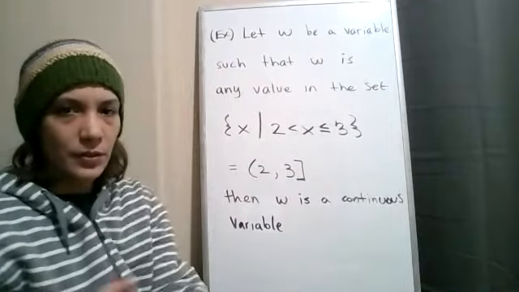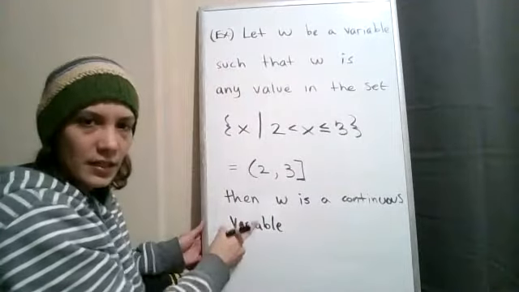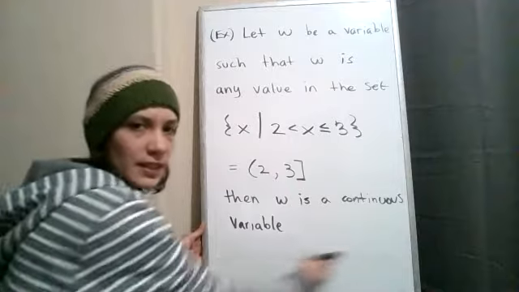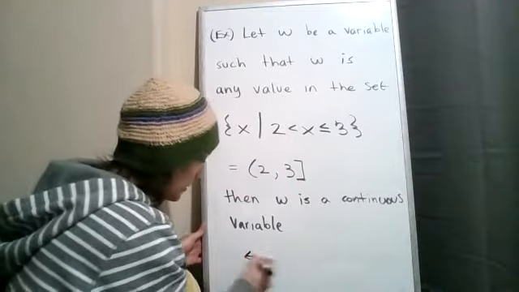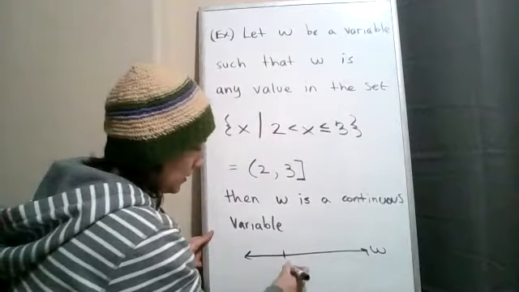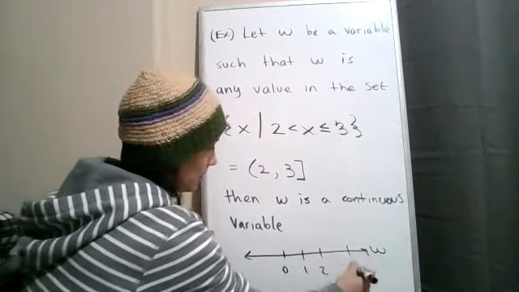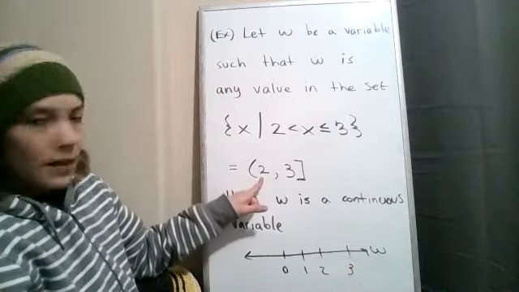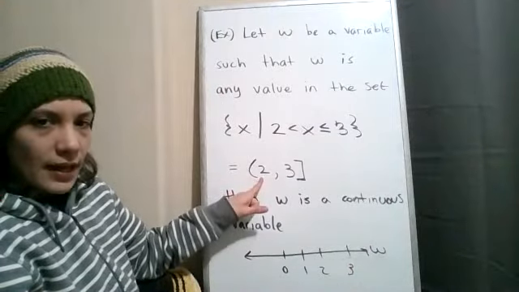And I think it would be nice to do a quick sketch. So your number line is for values of w. Okay. I like to use the circles.